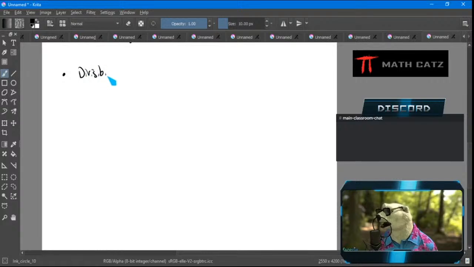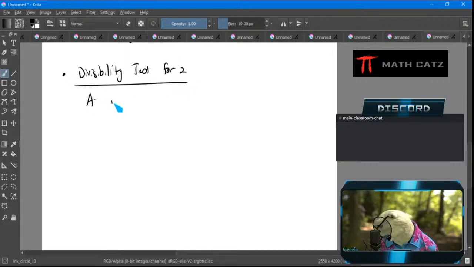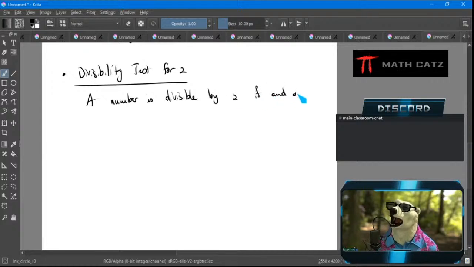Divisibility test for 2. A number is divisible by 2 if and only if. I'm just writing out these sentences, even for the simple or familiar ones, just to be complete.